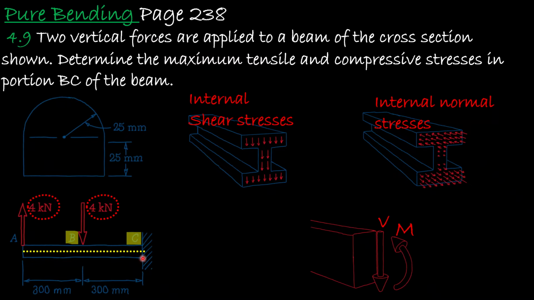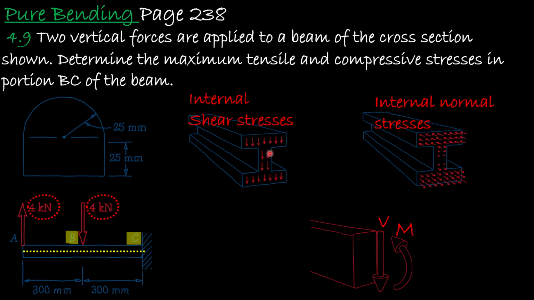We call it the central axis or the longitudinal axis because it runs along the length of the beam, where you have loads applied at an angle of 90 degrees. These types of loads are called transverse loads. These transverse loads will produce internal shear stresses in the beam.